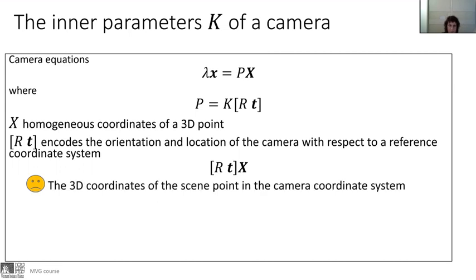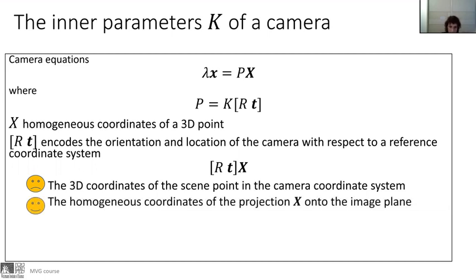Now we have two interpretations of this formulation, RT times X. From one side, this is the 3D coordinate of the scene point in the camera coordinate system. And if you remember, the other side is that we get the projection of the point onto the image plane, what we call the homogeneous coordinate of the projection X onto the image plane.